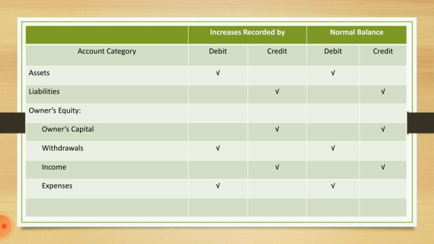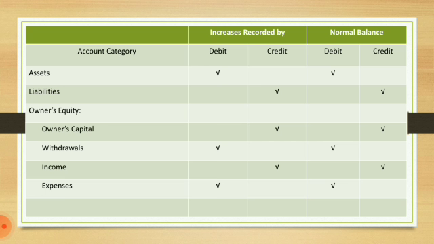So going back, asset. When you increase an asset, you record it in the debit side or left side. When you increase a liability, you record it in the credit side or right side. Same thing with the owner's equity.